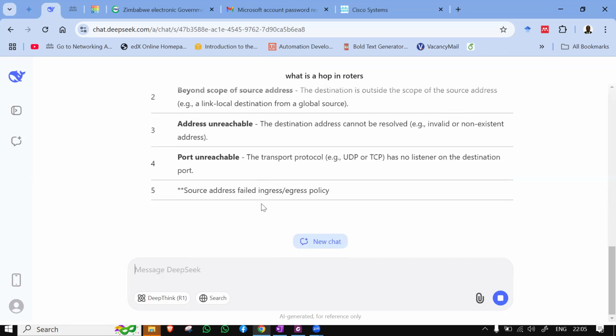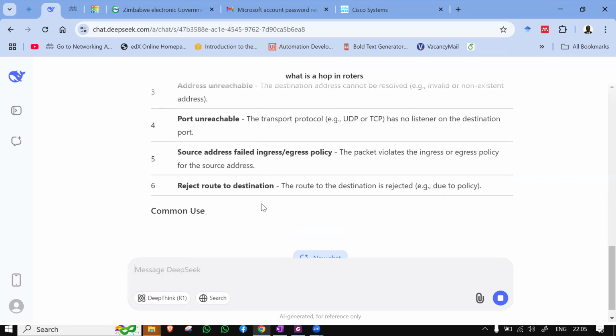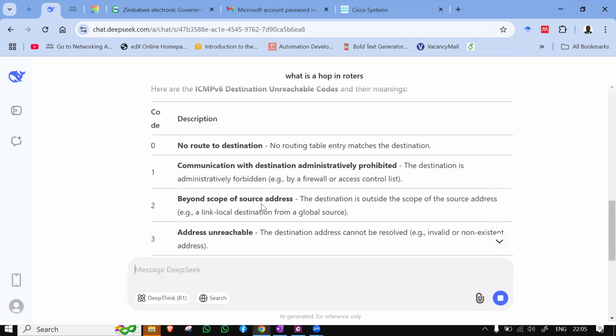It's the same. Same explanations. The destination is administratively prohibited by the firewall. Beyond the scope of the source address: the destination is outside the scope of the source address, e.g. link local destination from a global source. Makes sense.